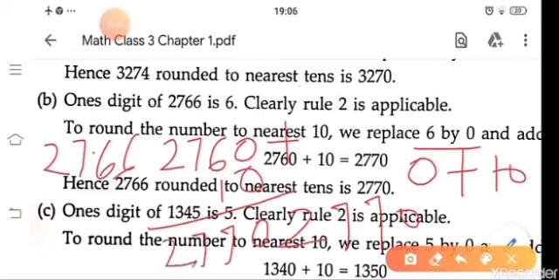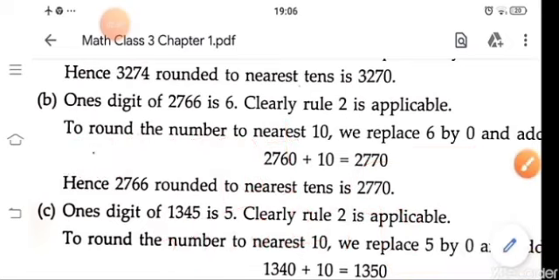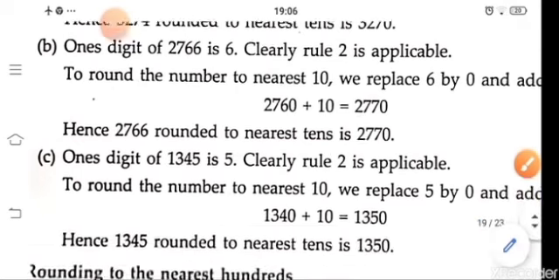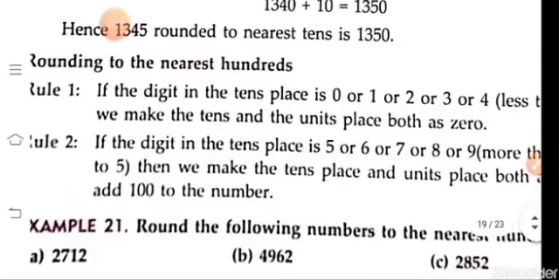So the number becomes 2770. In this way we round off the number.